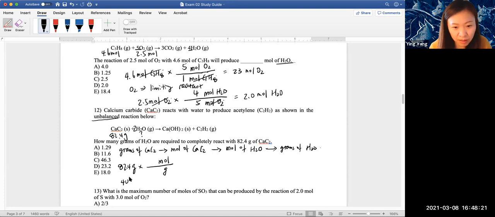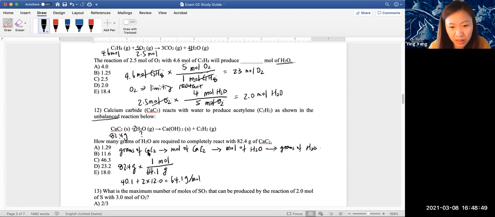For this compound, calcium is 40.1 plus 2 times carbon. Carbon is 12.0. So we get its molar mass is 64.1 grams per mole. Right? So for 1 mole, you have 64.1 grams.